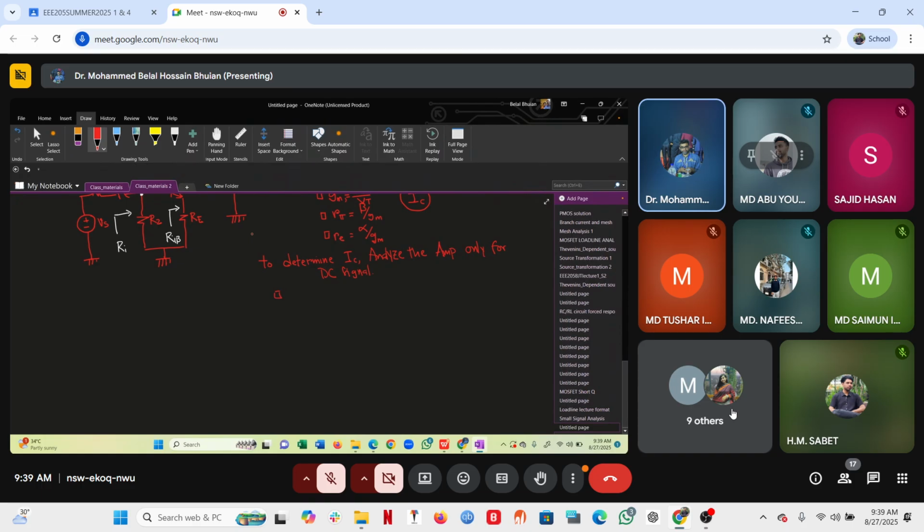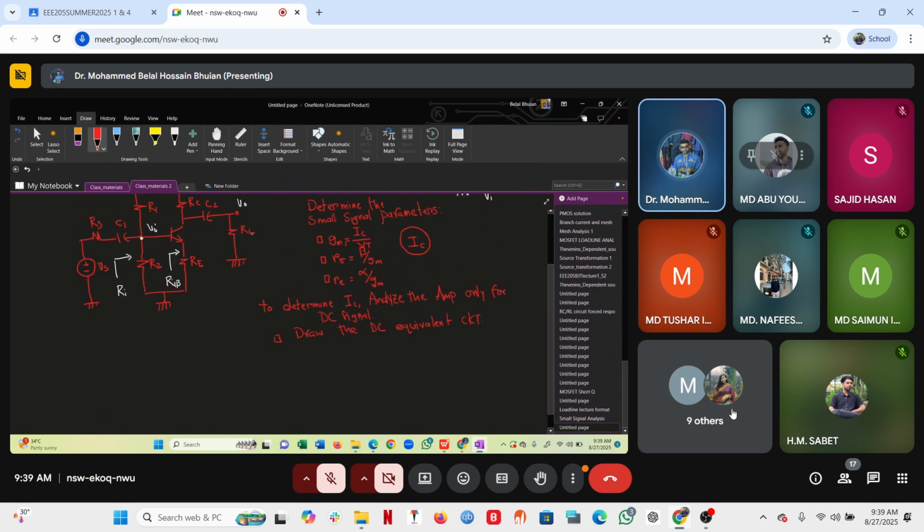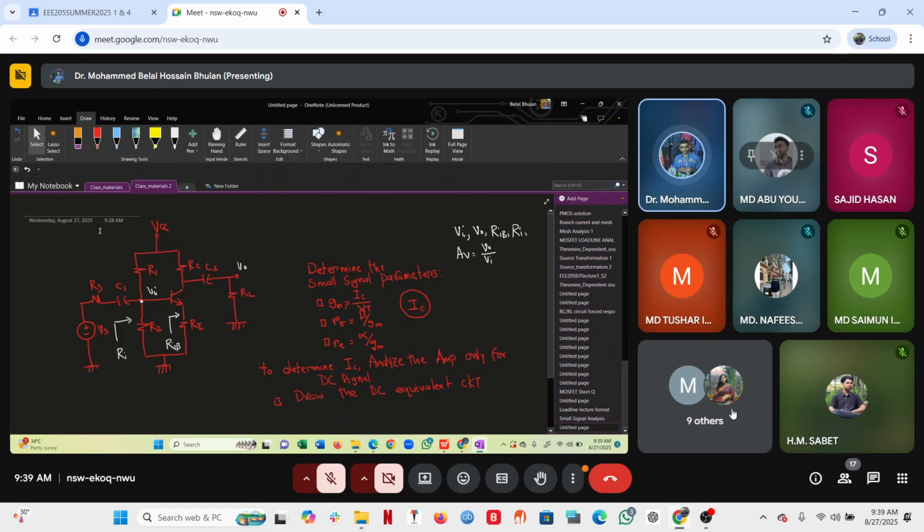So draw the DC circuit. Okay, what are the steps to draw this DC equivalent circuit? Let's see, how can we draw the DC equivalent circuit? So this is our amplifier.